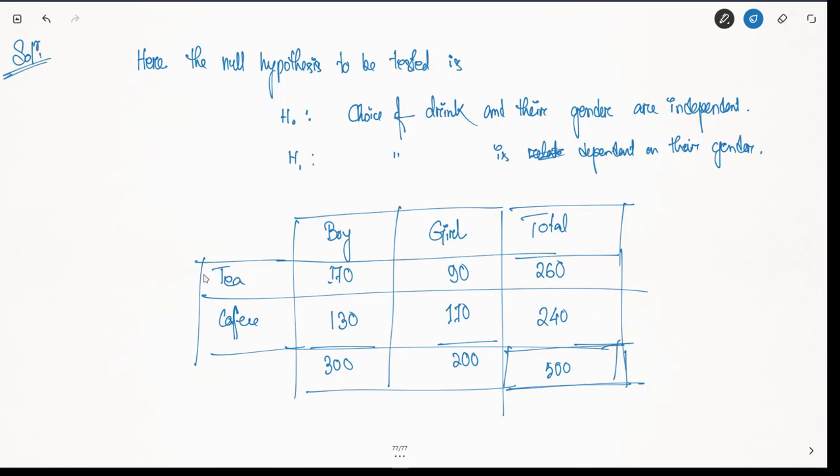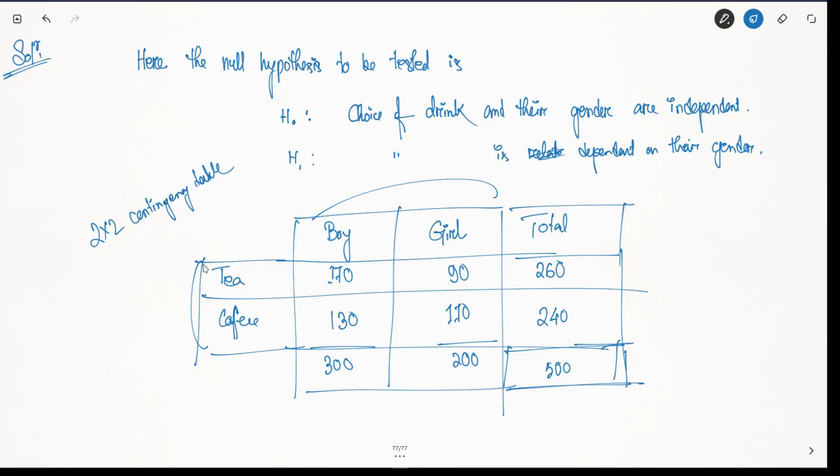So in this table, we have two categories in the row, two categories in the column, right? Two categories of gender, two categories of drink. That's why it is called a 2 by 2 contingency table. Suppose apart from tea and coffee, we have another category called, let's say, soft drink.